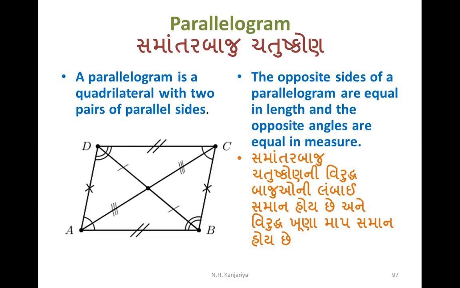So a closed figure which have pair of two parallel sides, it's known as a parallelogram. These are some more extra thing for this quadrilateral. It has AB is parallel to CD and AD is parallel to BC, and advance one step, any two sides are parallel to each other, they are equal also.